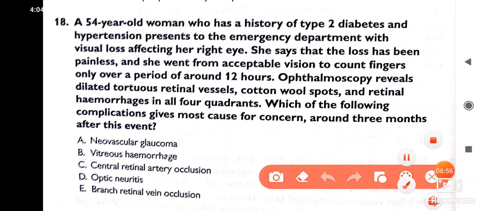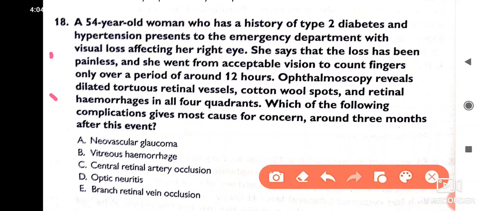Last but not least, the 18th question for ophthalmology. A 54-year-old woman who has a history of type 2 diabetes and hypertension presents to the emergency department with visual loss affecting her right eye. She says the loss has been painless and she went from acceptable vision to counting fingers only over a period of around 12 hours.